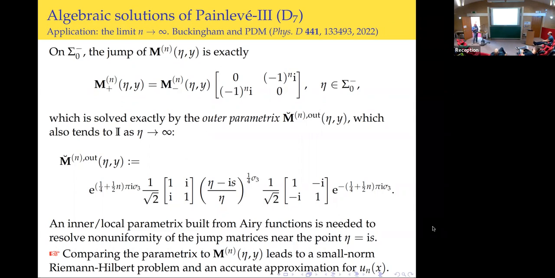So at this point, when one compares the parametrices, that is this outer one, for most of the complex plane, and this inner one built from Airy functions near i s, then you can compare that parametrix to the actual Riemann-Hilbert conditions for M. And what you get is what's called a small norm Riemann-Hilbert problem. That's one that you can solve by iteration, and consequently you can obtain, by reliable and rigorous methods, an accurate approximation for this u_n of x. It's really built out of this outer parametrix.